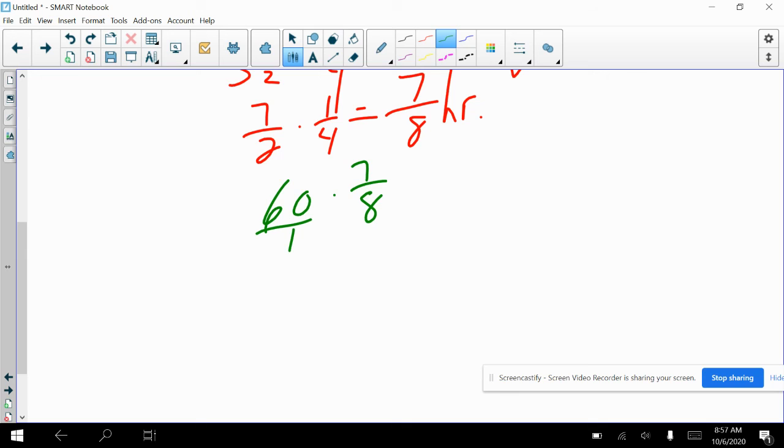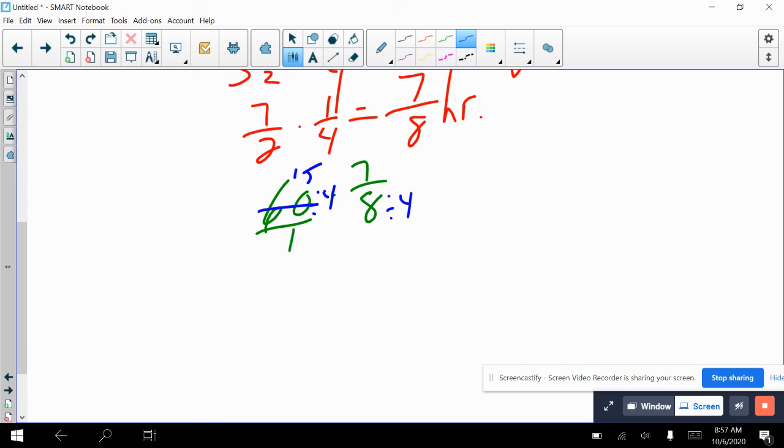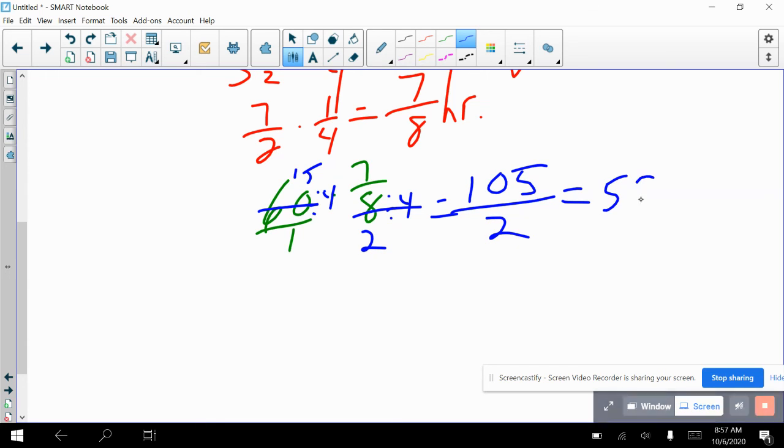Is there a number that can go into 8 and 60 evenly? That would be 4. That would be 15. This would be 2. So we get 105 over 2. How many 2's go in there? That's 52.5 minutes.